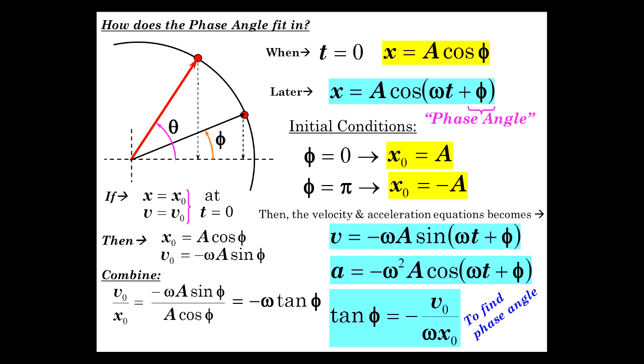And so this is a relationship between the tangent of phi, the initial velocity, the initial position, and the angular velocity, or angular frequency, whichever one you want to think of it as. This is not extremely important to worry about the details of if you didn't understand it too well, but it is an idea that comes up in AP Physics. So there it is, and hopefully that shed a little light on it.